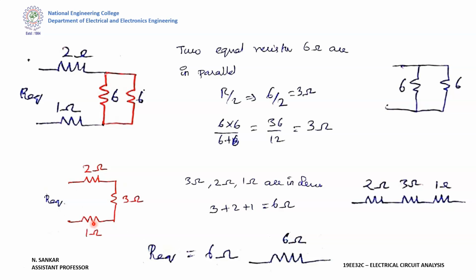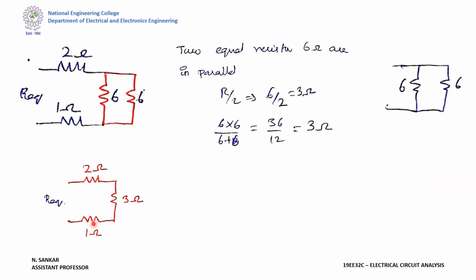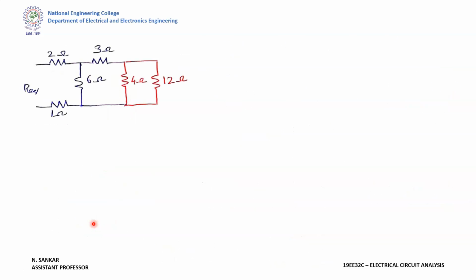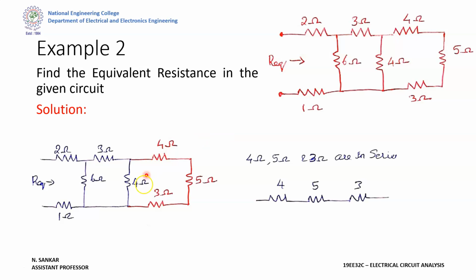So in calculating R equivalent, you have to redraw the circuit. For your understanding, for example, from this point onwards, you have to find this resistance value and replace it by a resistor, with the starting point here and the ending point here. Okay, how can you connect 12 ohm here?